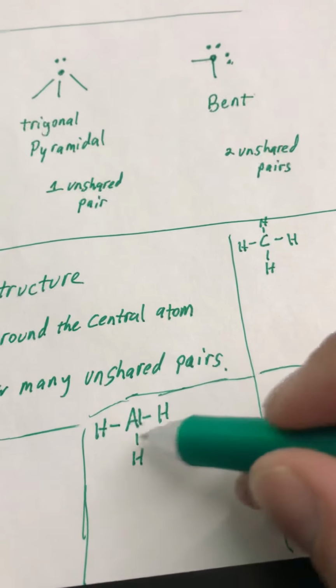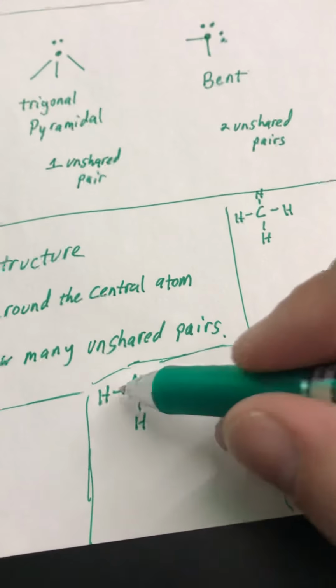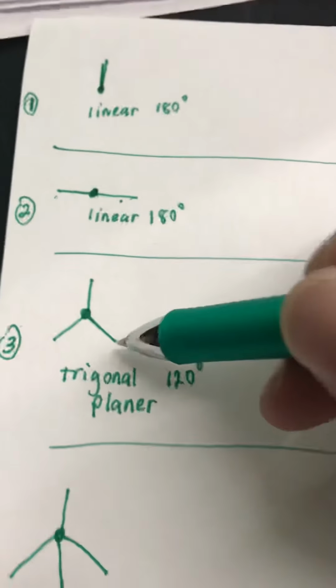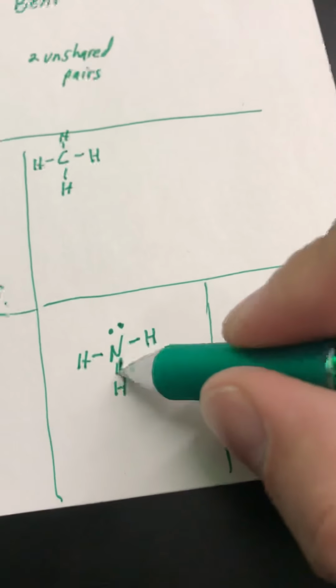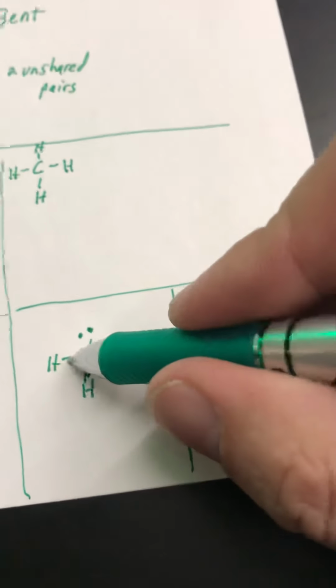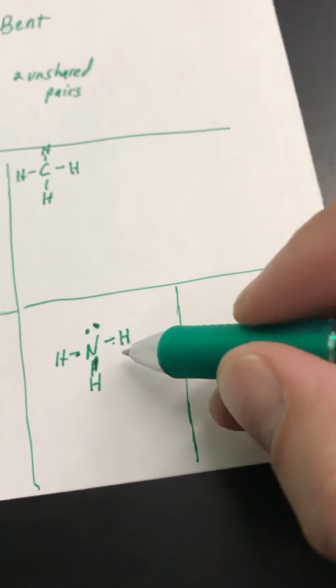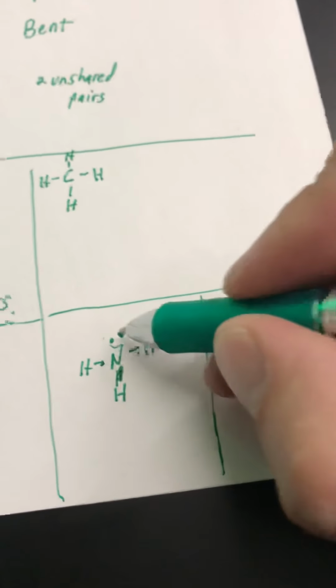If you had something like AlH3, notice there are 3 domains, a hydrogen there, a hydrogen there, a hydrogen there. 3 domains would be trigonal planar. Very straightforward. Let's look at this one here, NH3. You have 1, 2, 3, 4 domains, but one of the domains is an unshared pair of electrons.